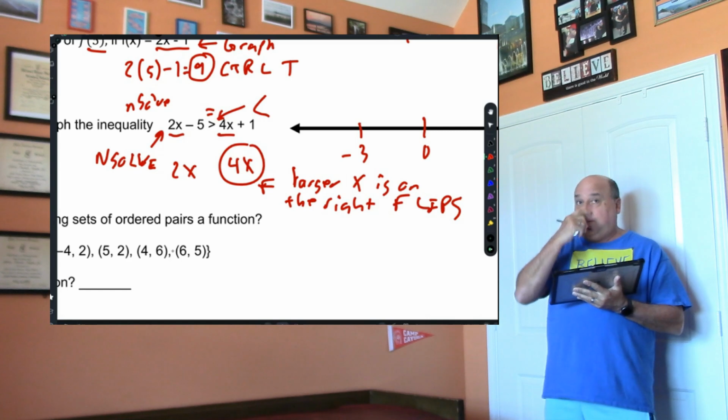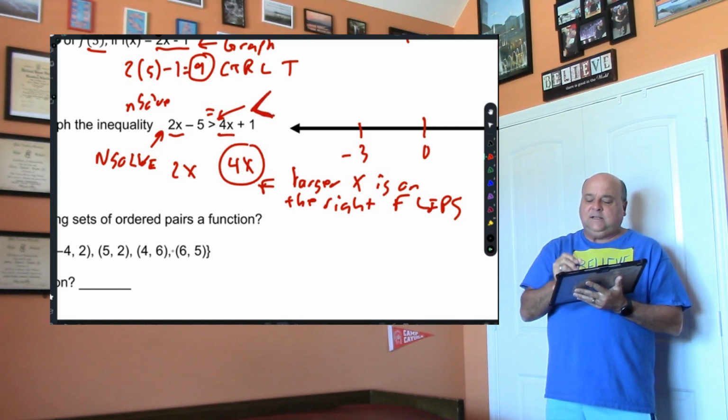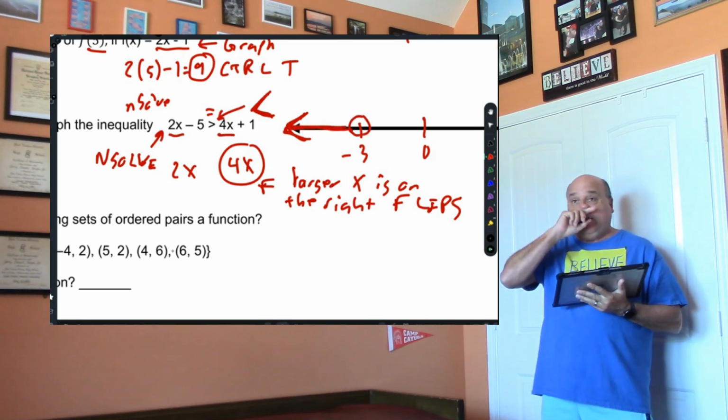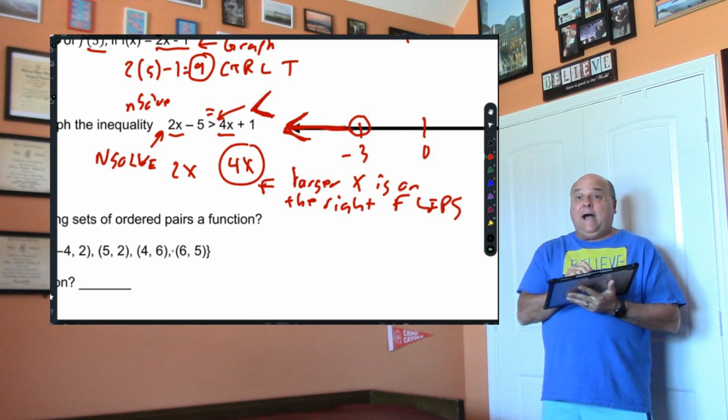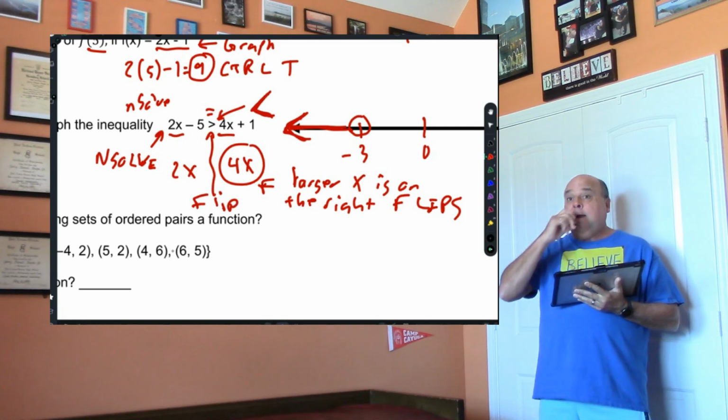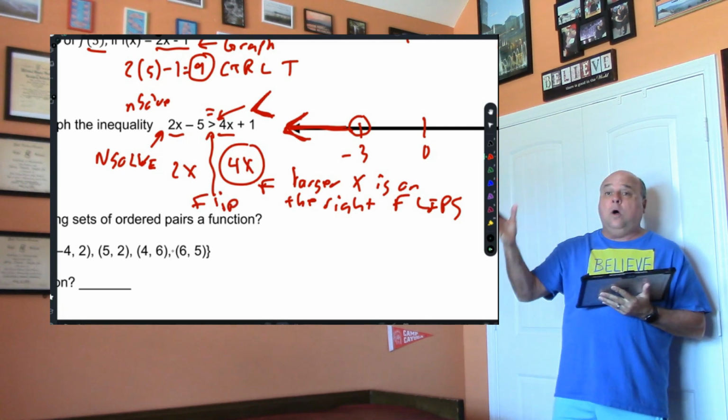This is going to flip. So I need the less than symbol, so I need this arrow tip. I need an open dot, and the arrow's going to go left. So if the value of x on the right is larger, this inequality will flip. Okay? If the larger value is on the left, it won't flip.